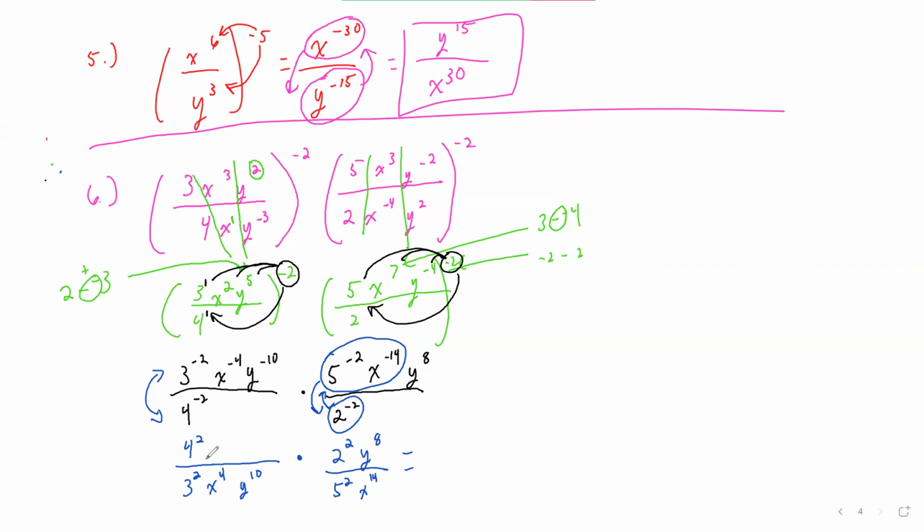All right, so before you can multiply, remember fractions, as a reminder, fractions you multiply straight across. So everything on top is about to multiply with everything on top. Everything on bottom will multiply everything on bottom. All right. So 4 squared is what? 16. So this becomes 16 times 2 squared, 4. And then I just have a y8.